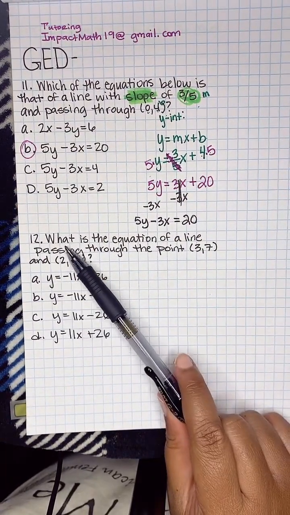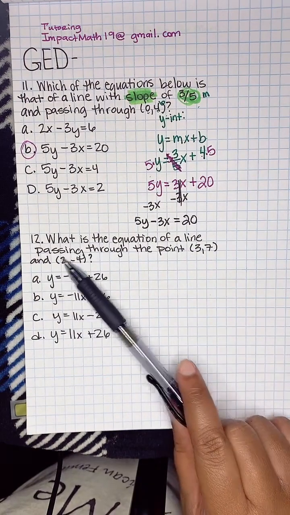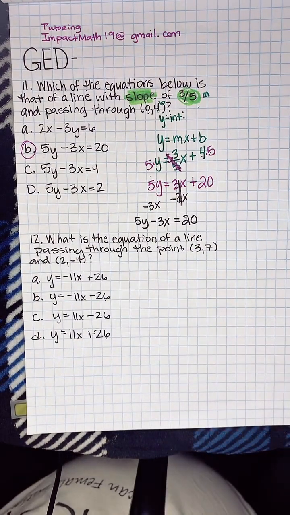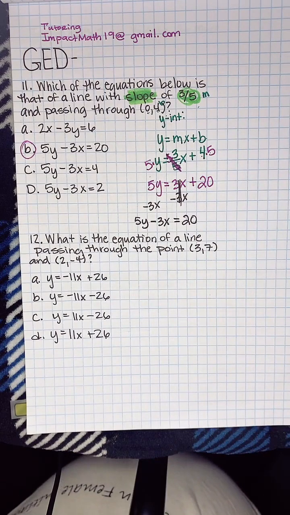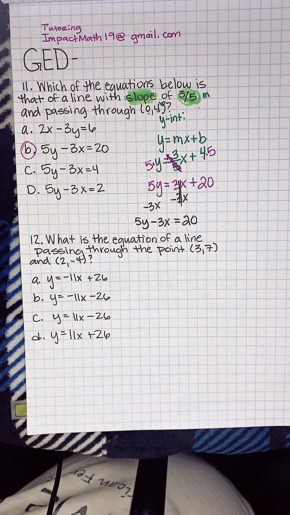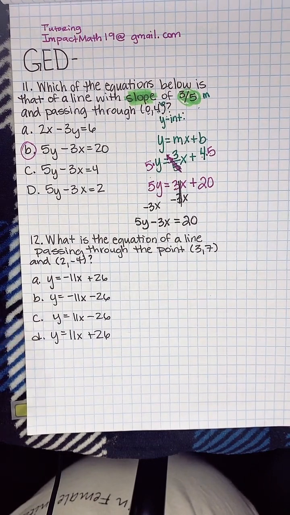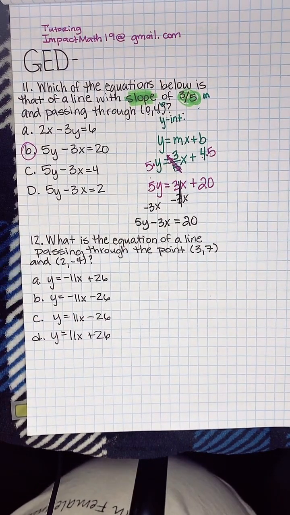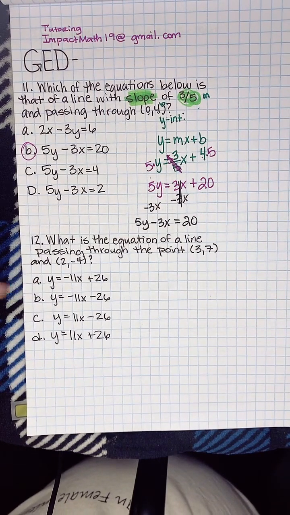All right, number 12. What is the equation of a line passing through the points 3, 7 and 2, -4? This is like that other problem. Can anybody tell me what is our first step for this equation? What do we have to find first?